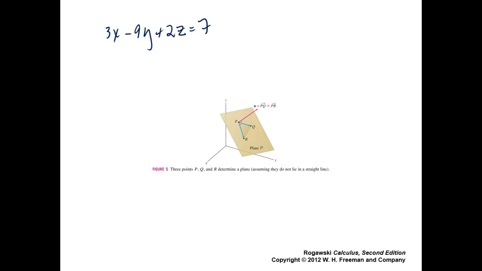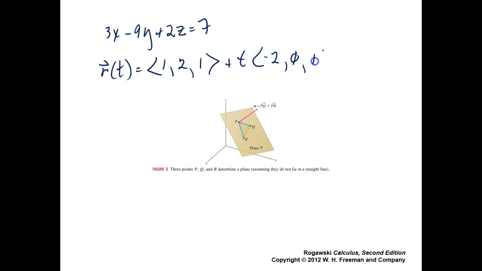Find the point P where that plane and the line r of t, written as a vector, which is, remember how we did them like this? 1, 2, 1 plus t times negative 2, 0, 1, intersect.